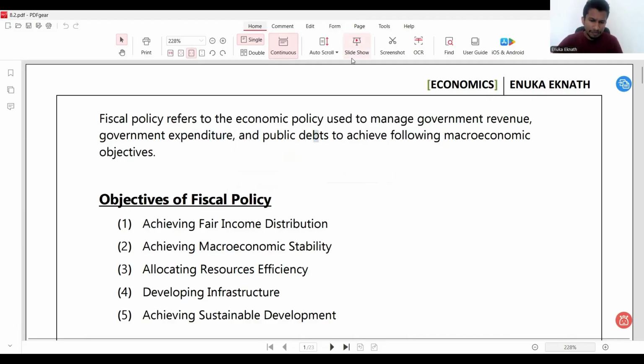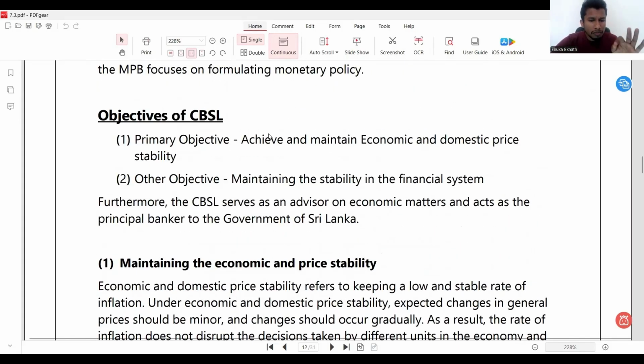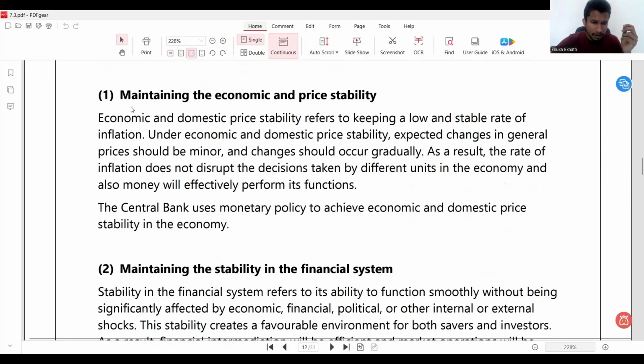So if you look at the note related to monetary policy, we say that the central bank has two main objectives. The primary objective, the other objective is a secondary objective. So this is the primary objective: achieve and maintain economic and domestic price stability. And under that, the central bank uses monetary policy to achieve the economic and domestic price stability in the economy.